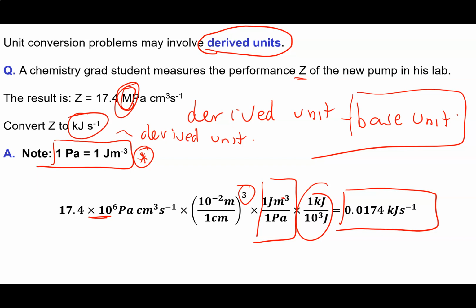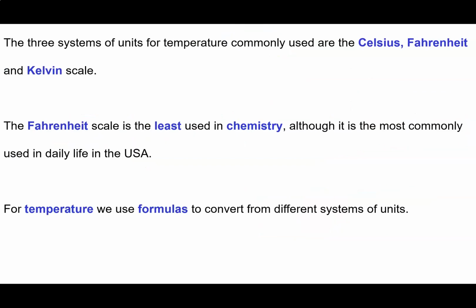Okay, so you probably recall that there's another type of conversion problem that we do that doesn't rely exclusively on conversion factors. You have to use formulas. And these are when we're doing conversions between different scales of temperature. Commonly in the US, we use 3 different scales of temperature: Celsius, Fahrenheit, and Kelvin.